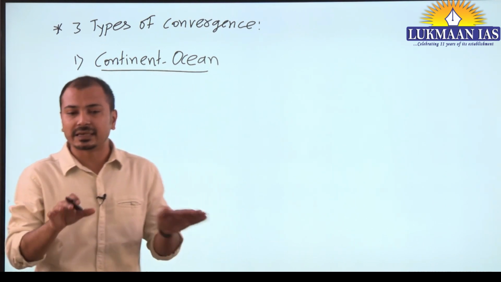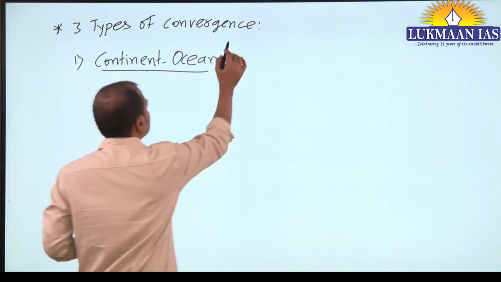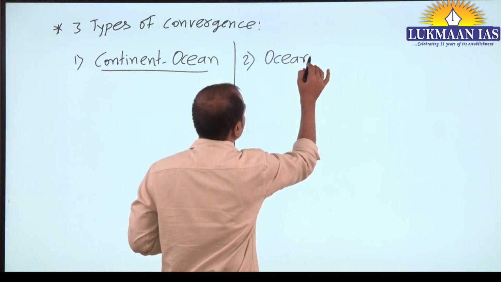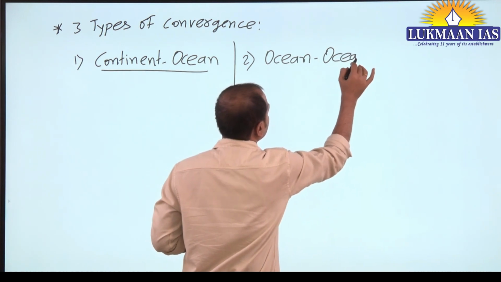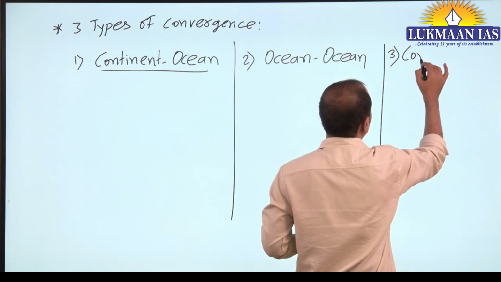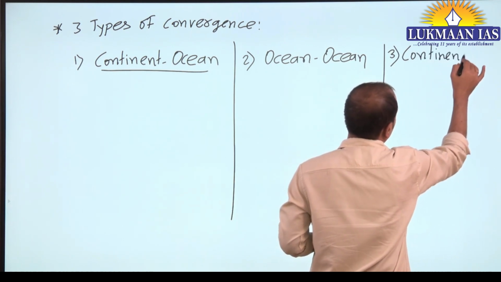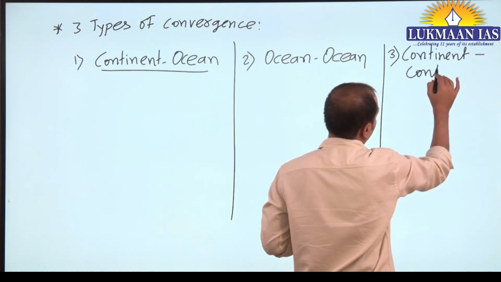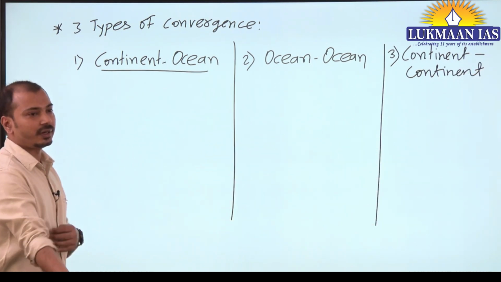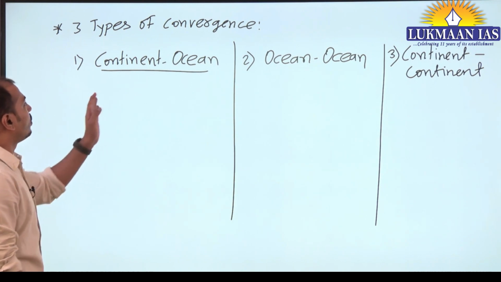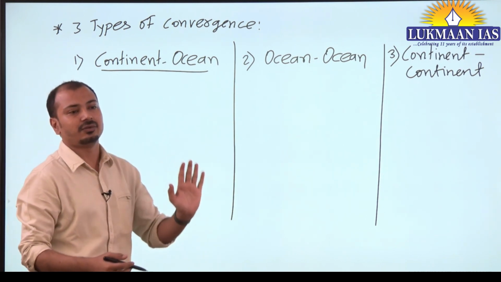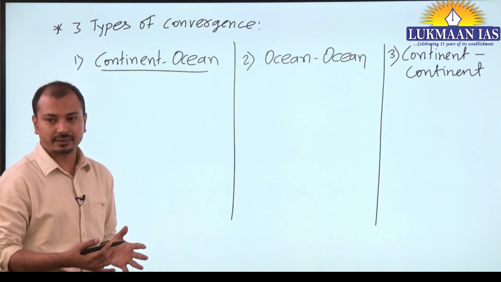Second, ocean-ocean convergence. And third, continent-continent convergence. Now, continent-ocean convergence: a continental plate is converging with an oceanic plate.